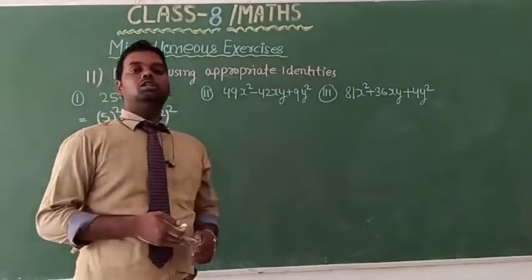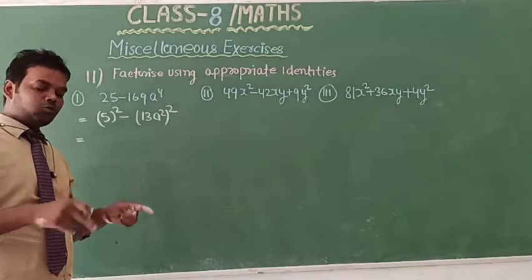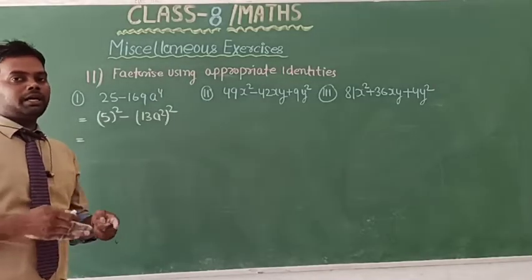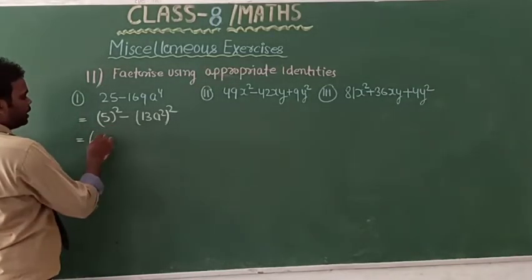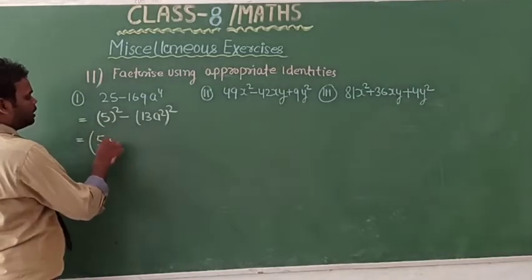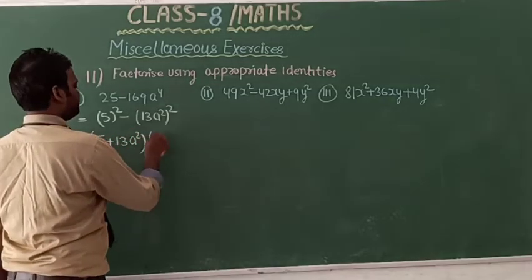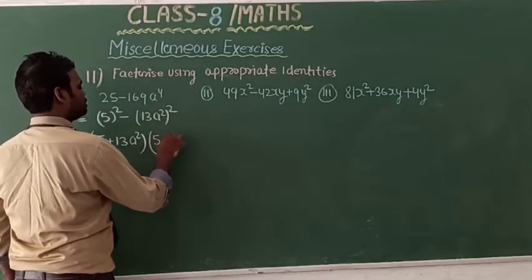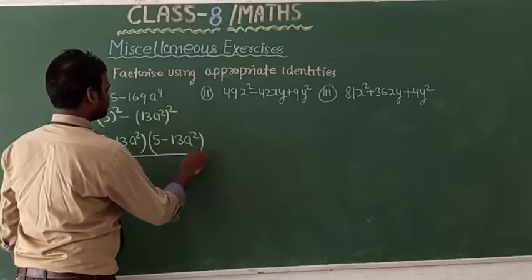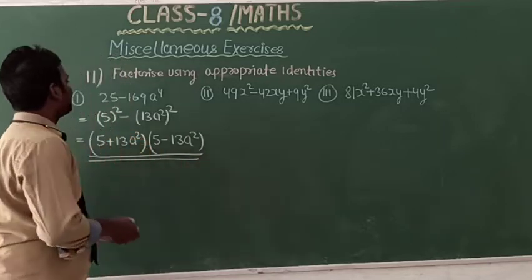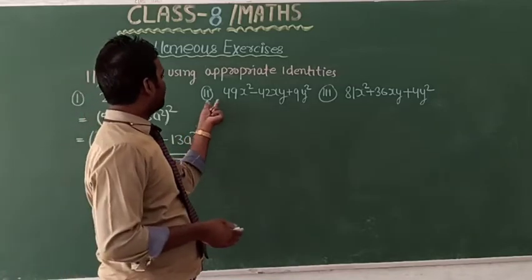Now using the identity a square minus b square, which is equal to in one bracket a plus b and the other bracket a minus b, this becomes in one bracket 5 plus 13a square and the second bracket 5 minus 13a square. Okay, so this is the solution of the first part. Now move to the second.